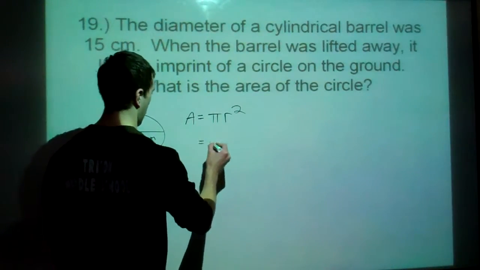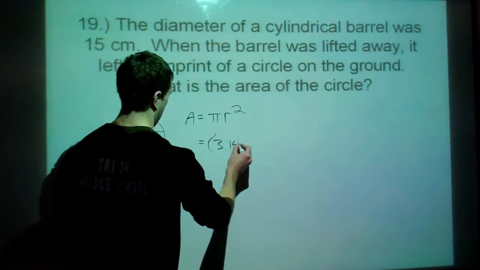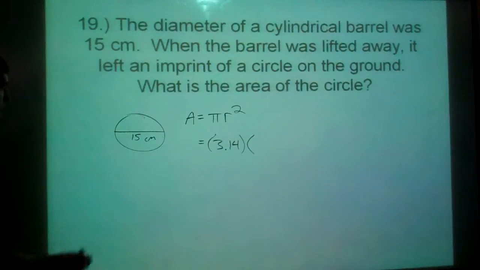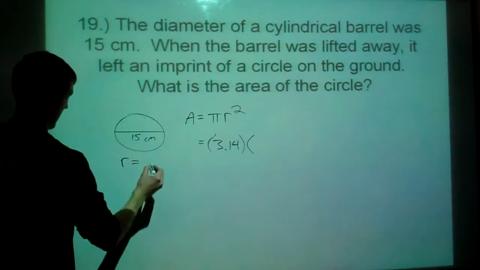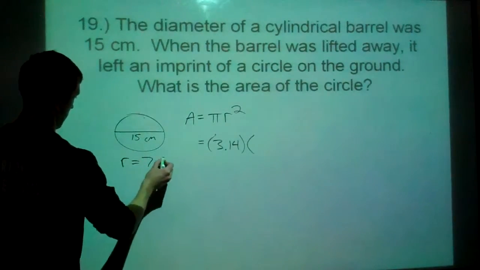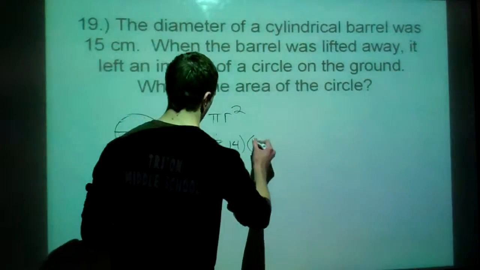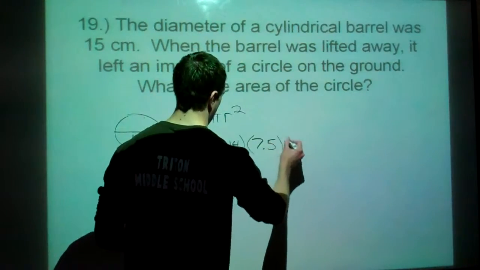We're going to use 3.14 for pi, and we're going to multiply it times our radius squared. This is our diameter. Radius is half of that, which is 7.5. So we're going to get a weird answer there, but 7.5 to the second.